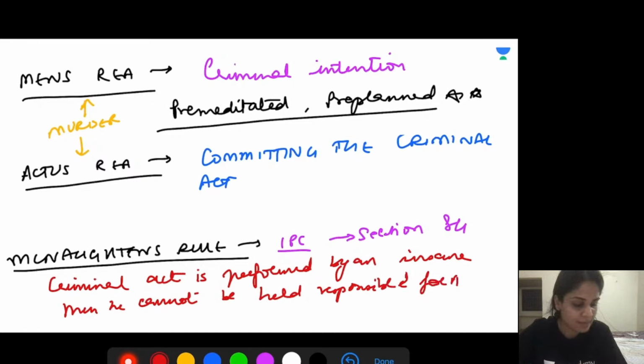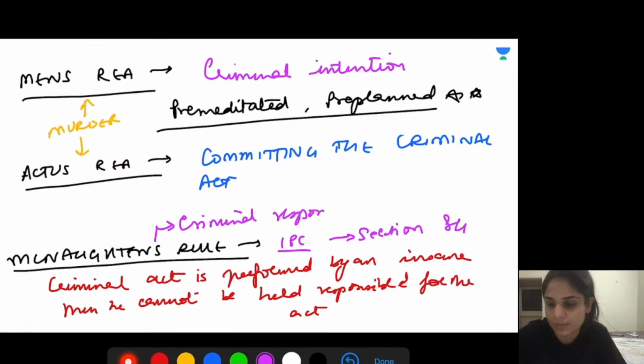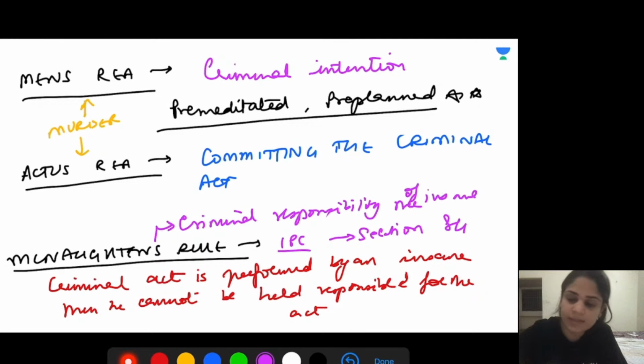Okay, yes, absolutely correct, Rochelle Gonzalez. It is also simply known as the criminal responsibility of insane. Okay, can anyone tell me what is the exception to McNaughton's rule? When can the insane person also be held responsible? Any idea? Okay, there is one time which is called as lucid interval.